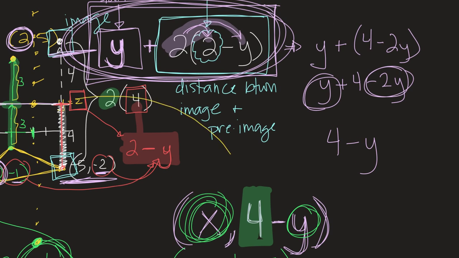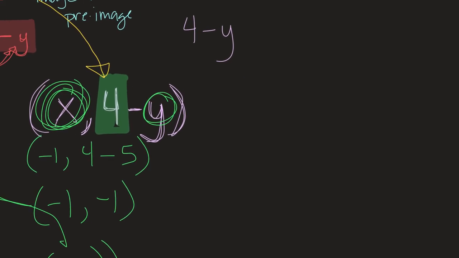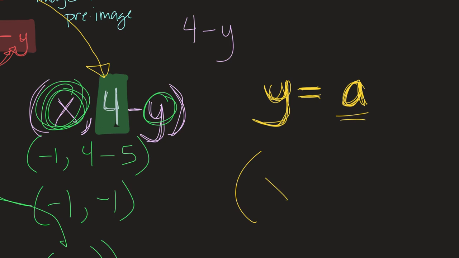Well, this value here is always double your line of reflection. So if we were going to do a horizontal line y equals some value a, a is the y-intercept, the horizontal line value.